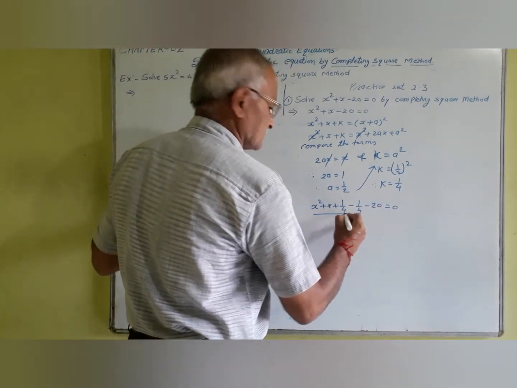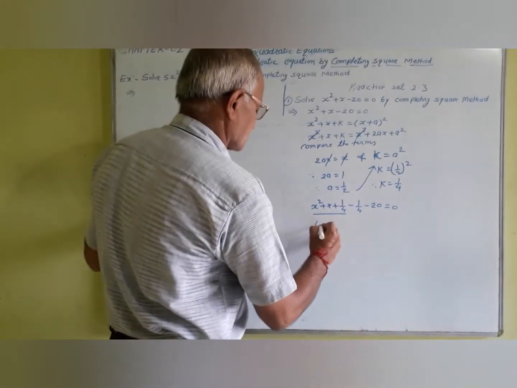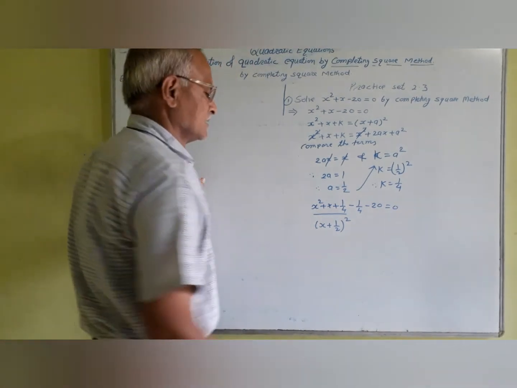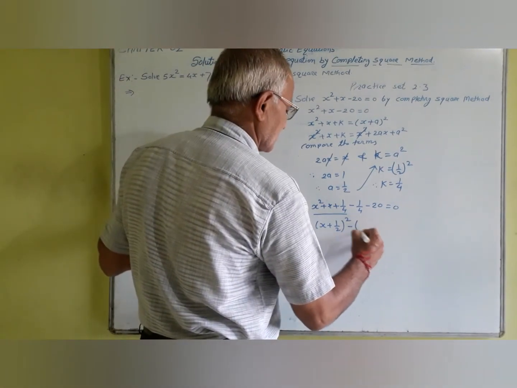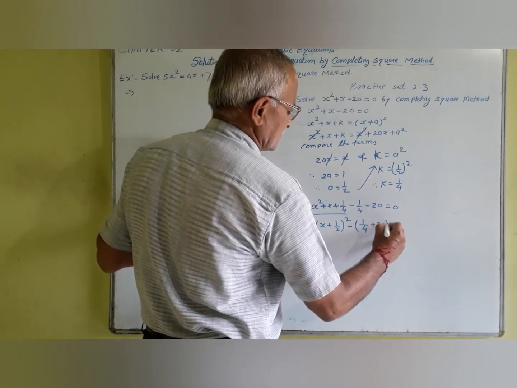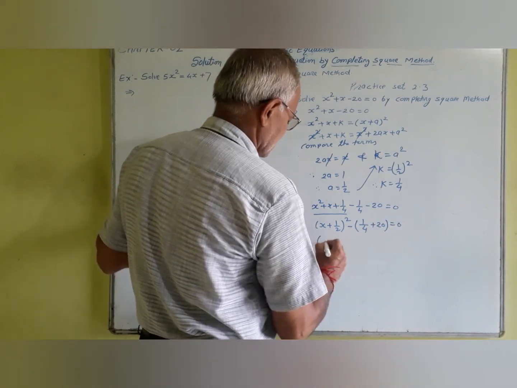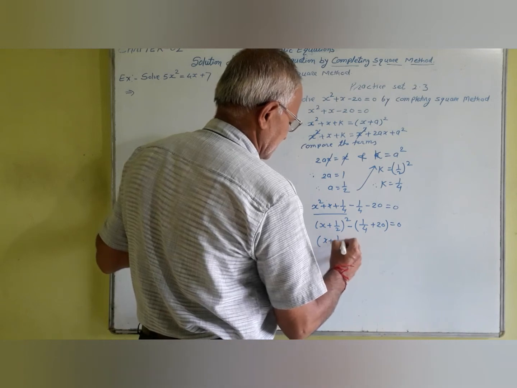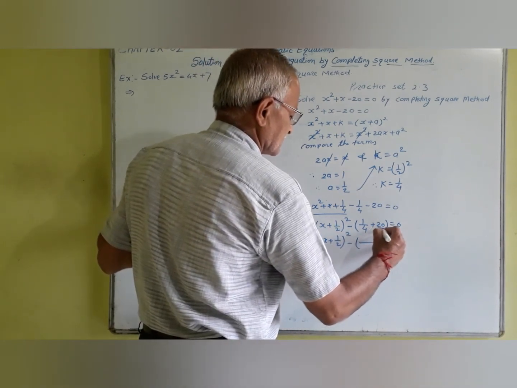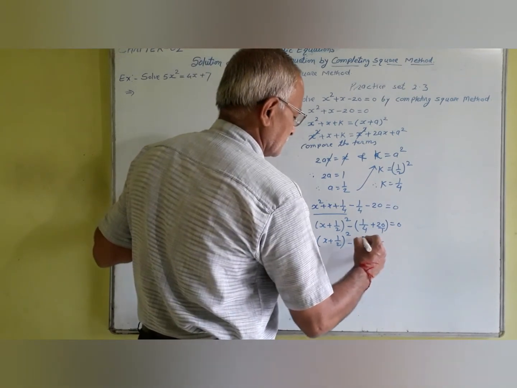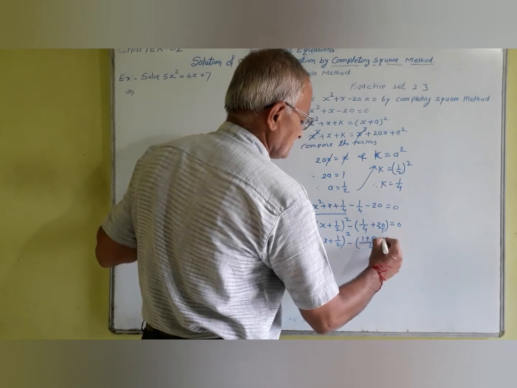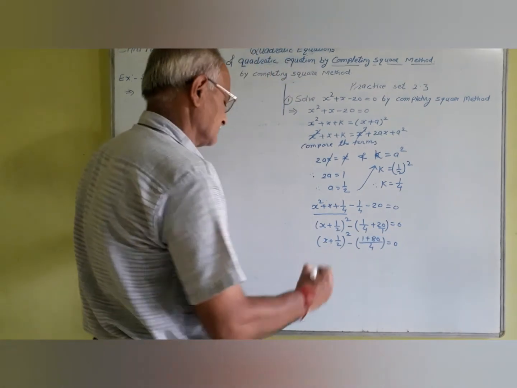Now the first three terms are the perfect square of (x + 1/2) whole square. From the second two terms, the minus sign is taken as common: 1/4 + 20 = 0. (x + 1/2) whole square minus, in the bracket, 20 means 20/1, so 1/4 + 20 is 81/4, is equal to 0.